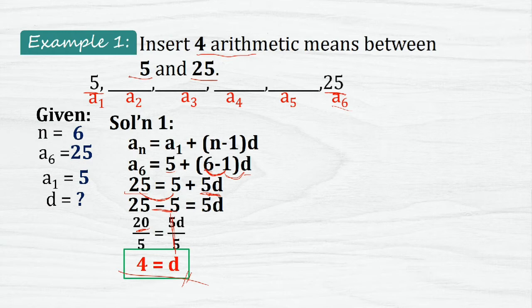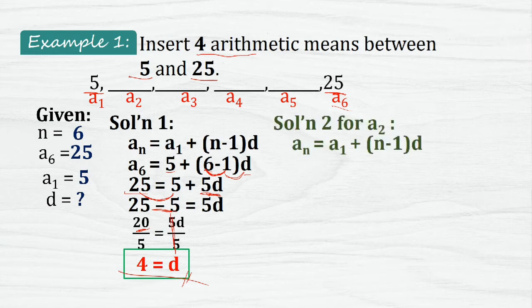Now, since we already have the value of the common difference, we can now solve for the 4 arithmetic means. Still, that's by using the formula: a sub n equals a sub 1 plus the quantity n minus 1 times d. For the second term, the value of n is 2.